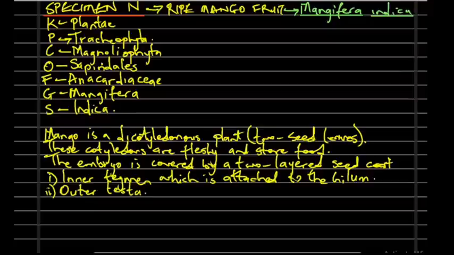The inner tegmen and the outer testa, those are the two coats that we have for this particular plant. Now, this particular fruit, because we are talking about the fruit, comes from a large tree that is capable of reaching heights of about 30 meters.